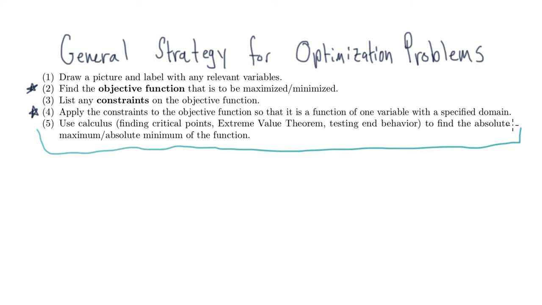If your domain is a closed interval or an open interval, you can use the closed interval method or the open interval method. You're going to be finding critical points. You just want to find the absolute maximum and absolute minimum of the function. Okay, so that's the general strategy. I think the best way to get your feet wet is just to jump right in. So let's look at some examples.